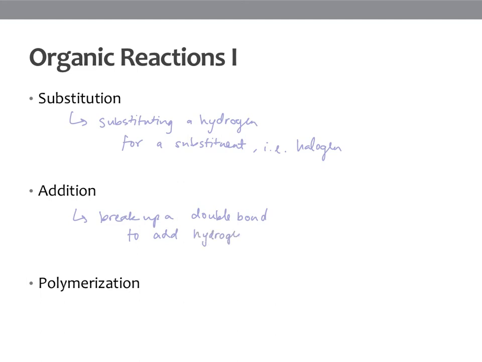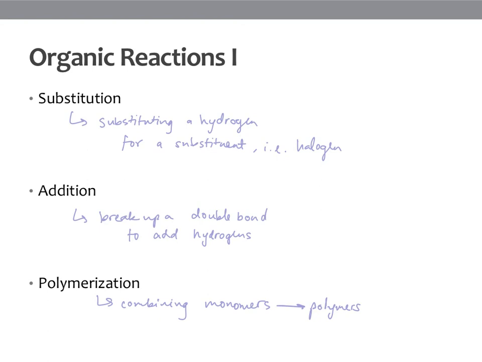Polymerization, you're basically combining monomers to become polymers. So these monomers have to be of the same kind. So you're probably adding a bunch of monomers like glucose to make a higher level like cellulose. Combine multiple monomers to make a polymer.